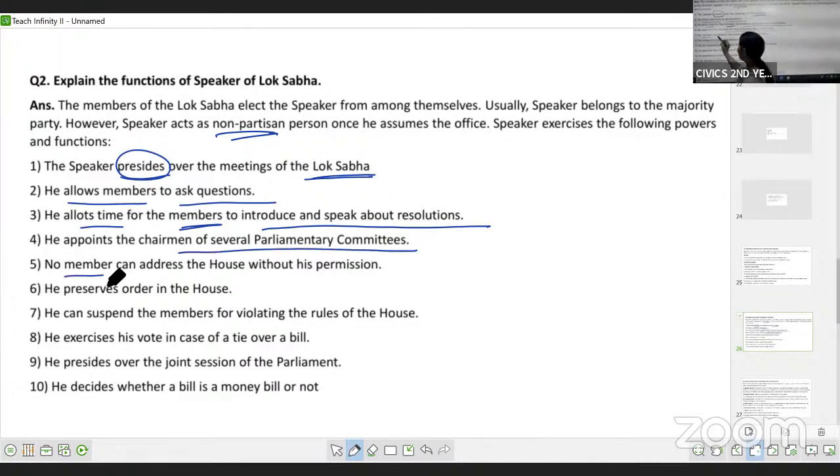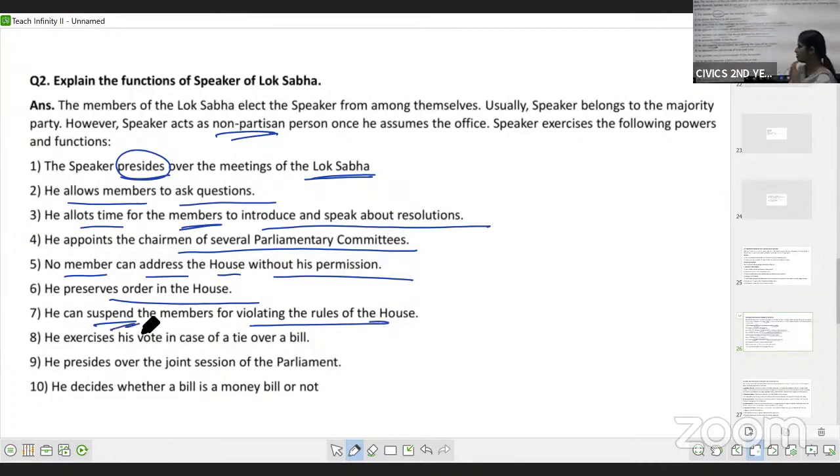No member can address the house without his permission. He preserves the order in the house. It is his responsibility to maintain discipline and decorum of the house. And if any member is violating the rules of the house, the Speaker can suspend that member.